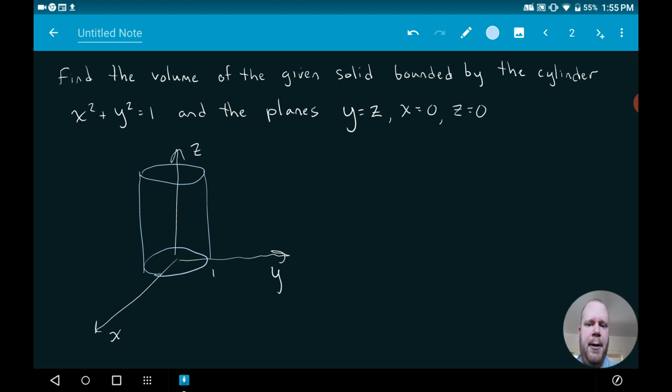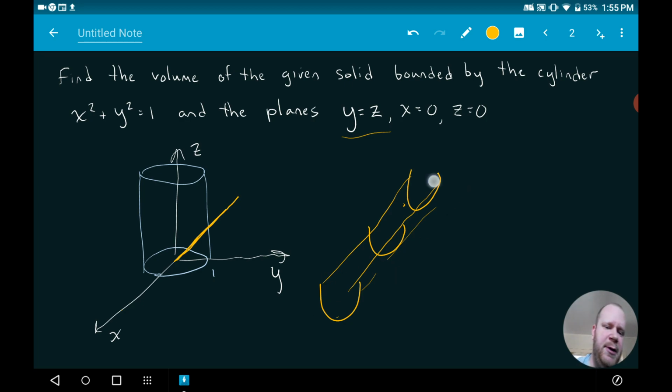We also have the plane y equals z, or z equals y. I'm going to draw it like this. So that's this line, z equals y. And this is what we call a cylinder, or it's a plane, but you can think of this as being like a cylinder where we draw that same shape over and over again and then connect it in order to give us the shape of the surface.